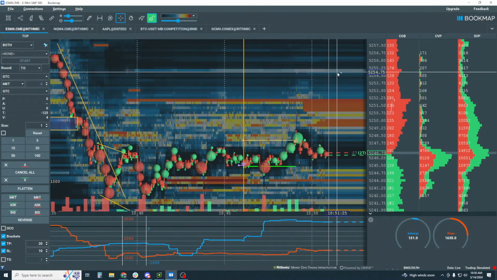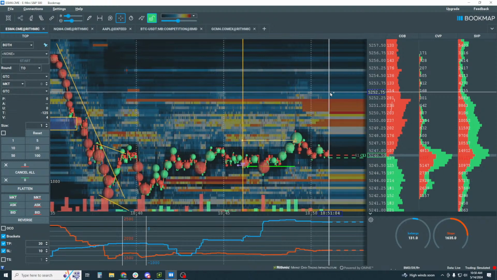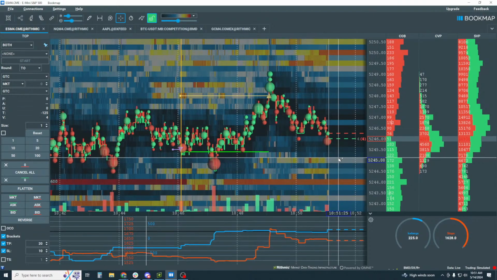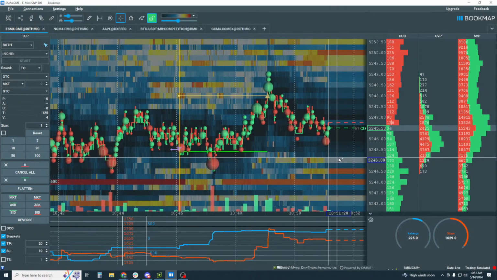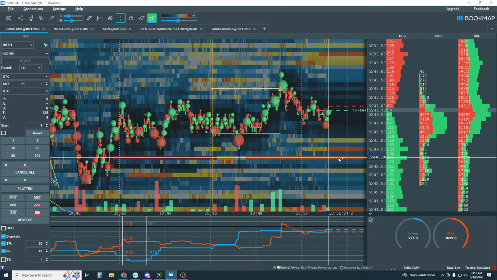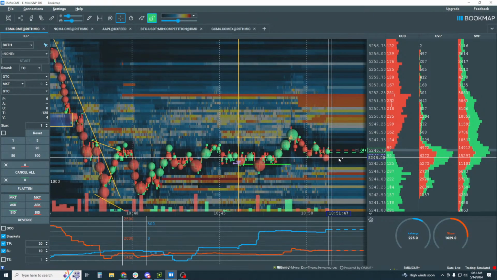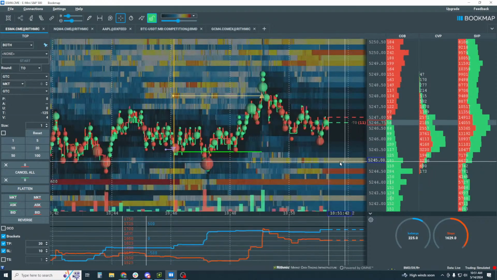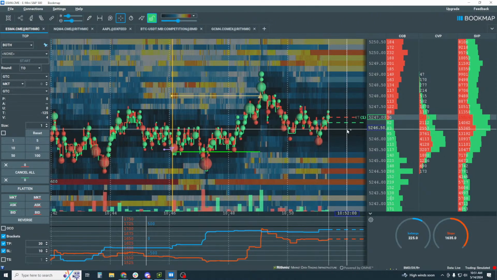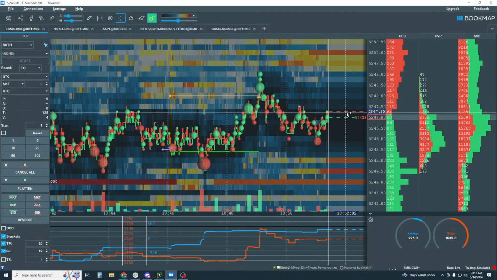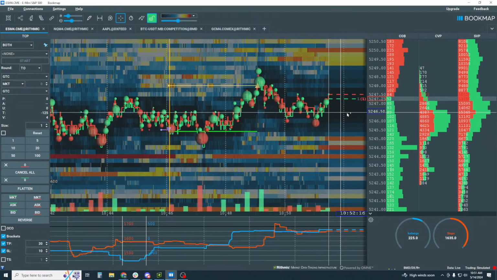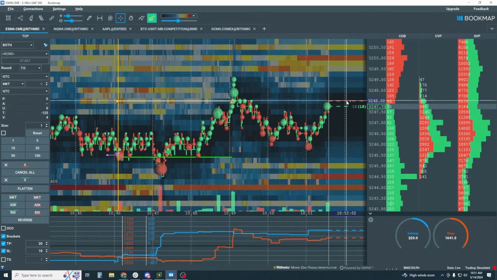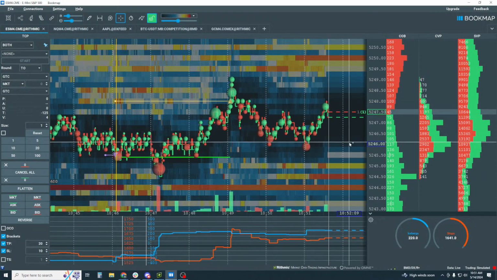The book is good. Here are sellers. Yeah, they're still finding buyers at these higher little swings here.